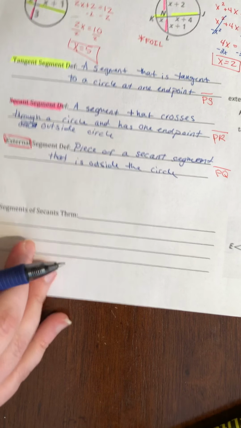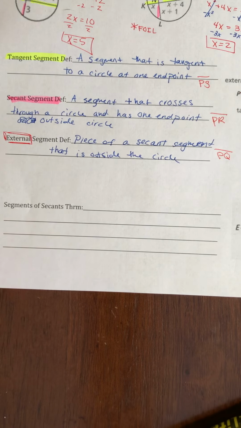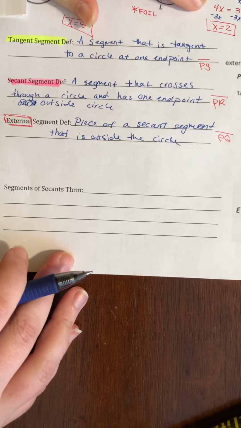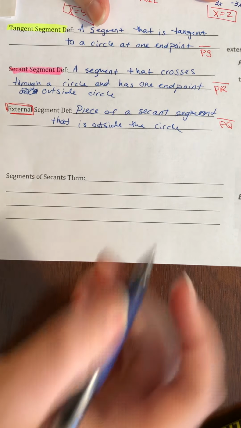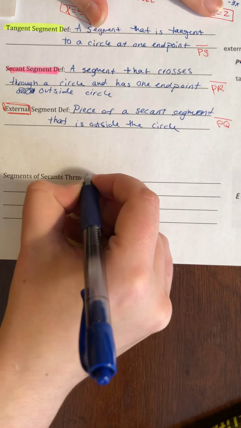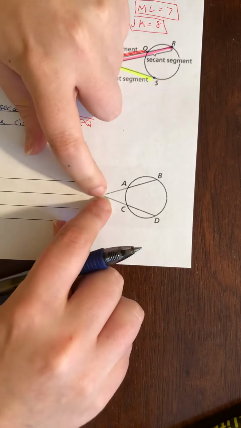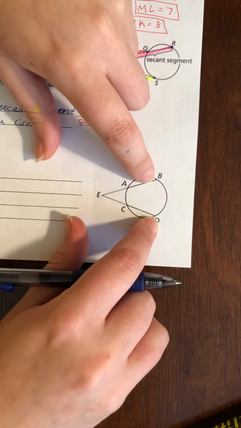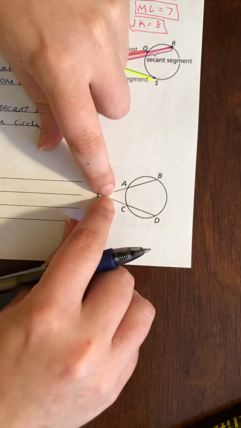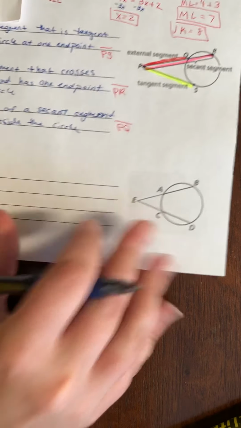So there is a lot of vocab in this next one, it's a long theorem, pull through it. So, segments of secant theorem. Say that 5 times fast. So if I have two secants that are going through it, so I have two secant segments, two external segments.